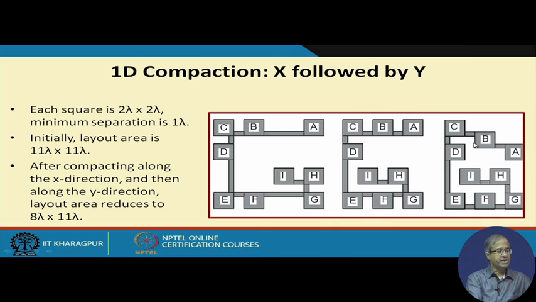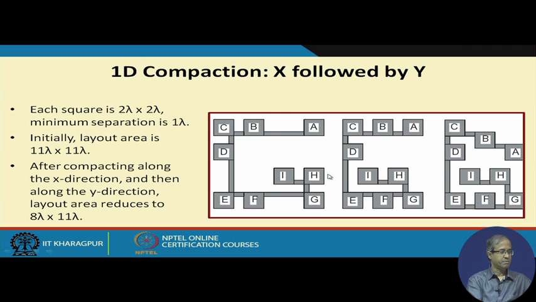So, here we illustrate the 1D compaction method, where first we compact along the x direction, then we compact along the y direction. Here we have a simple example of a layout where all these blocks A, B, C, D, E, F, whatever is shown, each of them is assumed to be 2 lambda by 2 lambda, and minimum separation let us assume to be 1 lambda.